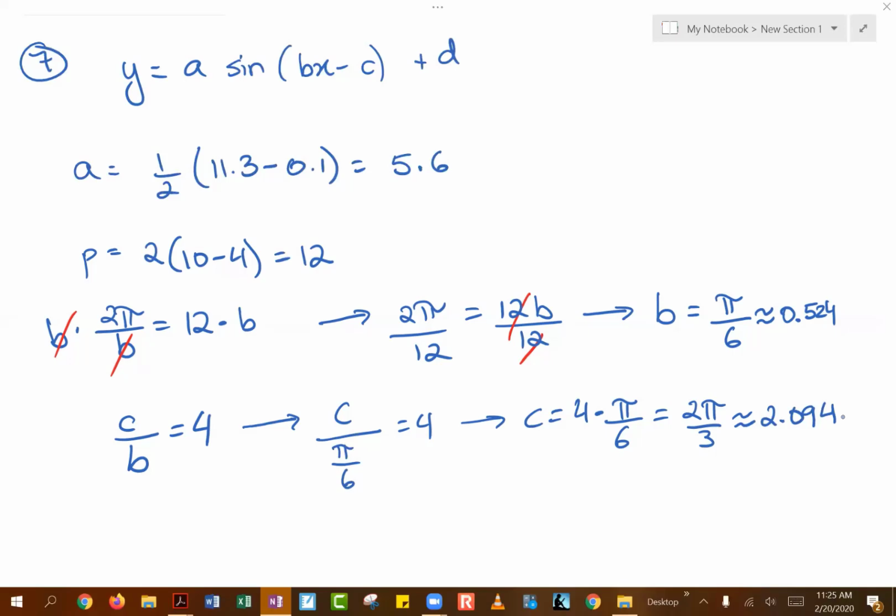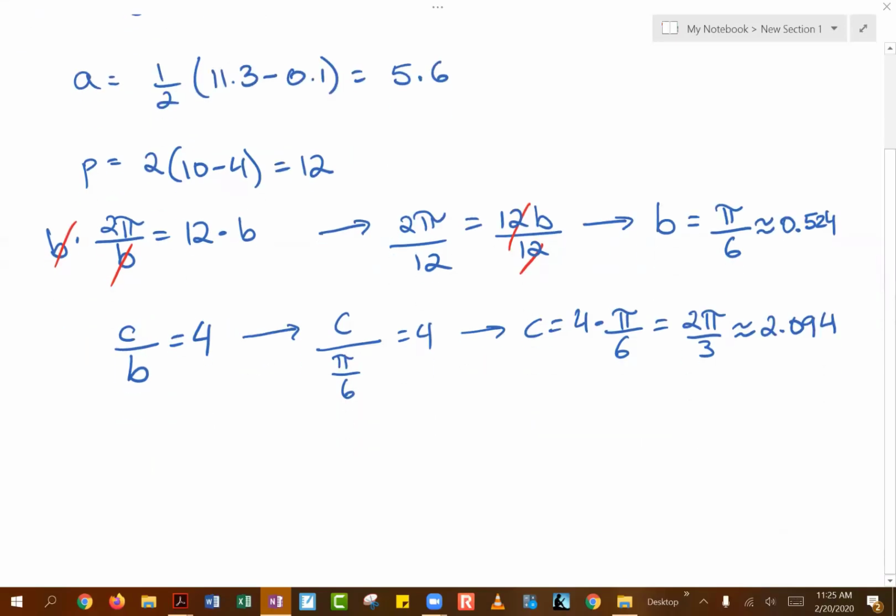All right, now the last part was finding the D variable. And what are we going to do for that guy? What did we do in example 7?